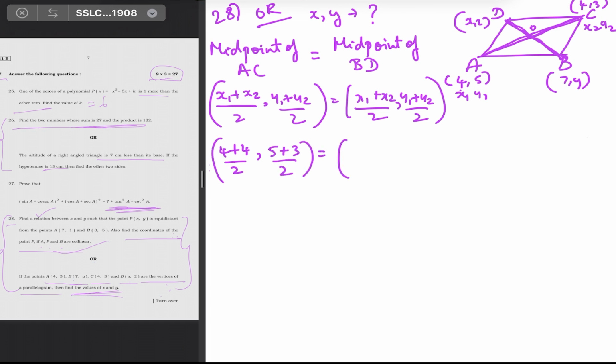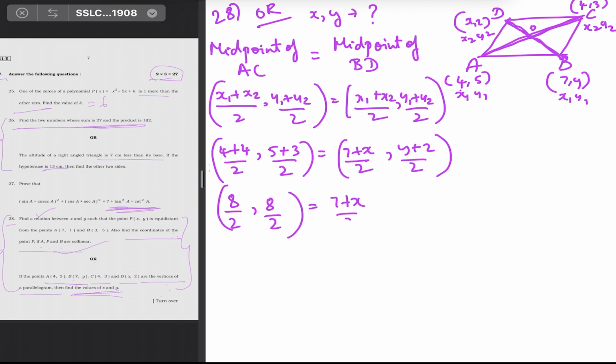That is equal to, here again it is x1, y1, x2, y2, (7 plus x) by 2, comma (y plus 2) by 2. On simplifying, we get it as 8 by 2, comma 8 by 2, that is equal to (7 plus x) by 2, comma (y plus 2) by 2. Hence (4, 4) will be equal to ((7 plus x) by 2, (y plus 2) by 2).